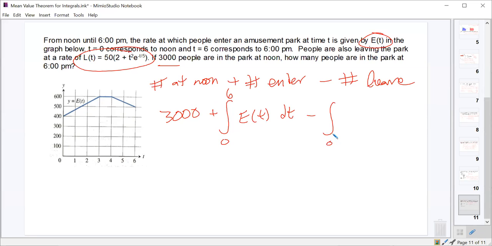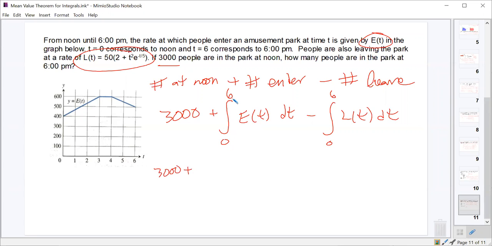Minus the number that leave, that's the integral from 0 to 6 of L of t dt, the rate that they leave. Everybody good with those? The integral of the rate they enter is the number that enter, and the integral of the rate that they leave is the number that leave. 3,000, like we said, is just 3,000.